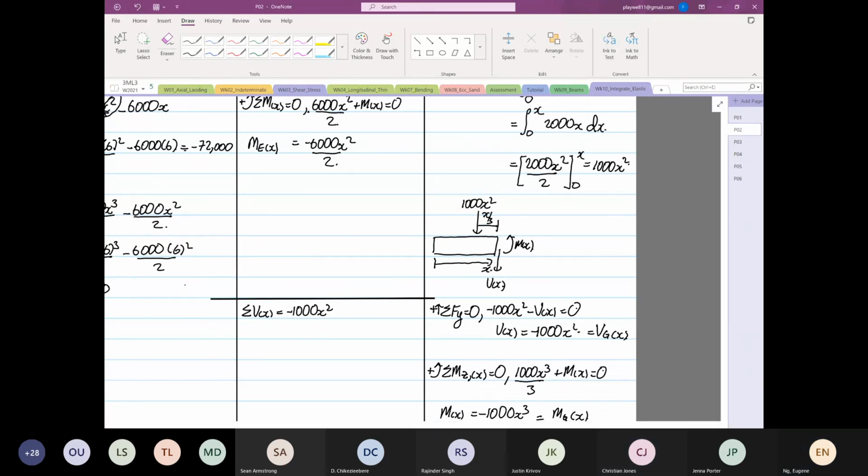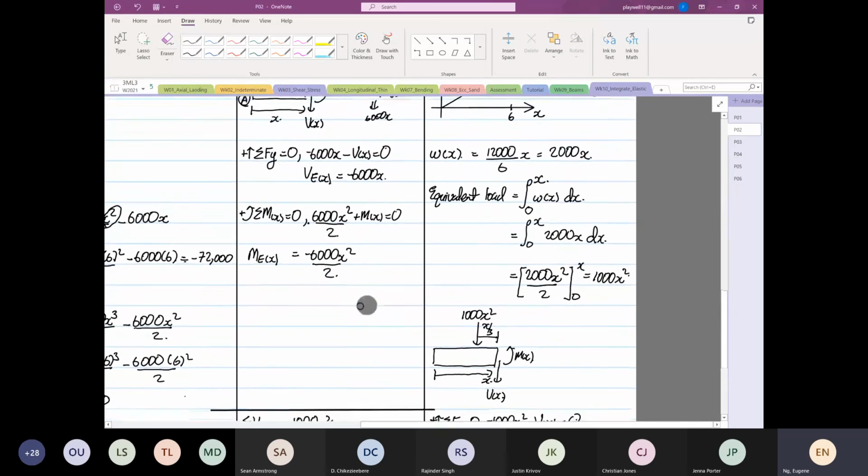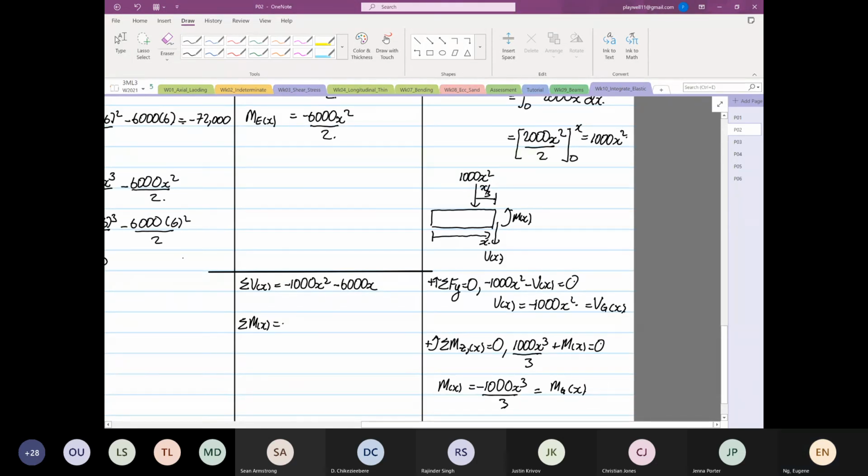So this is minus 1,000 x squared minus 6,000x for the shear. And the summation of the moment as a function of x is equal to minus 1,000 x cubed over 3, and then minus 6,000 x squared over 2.